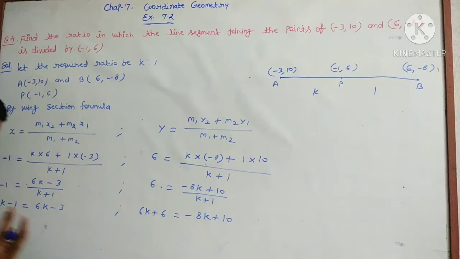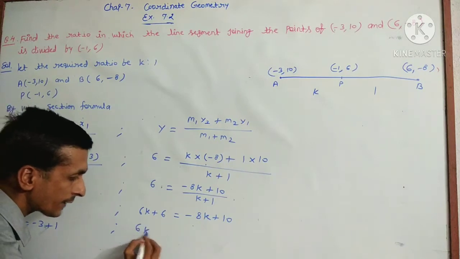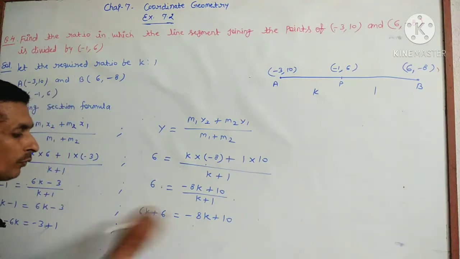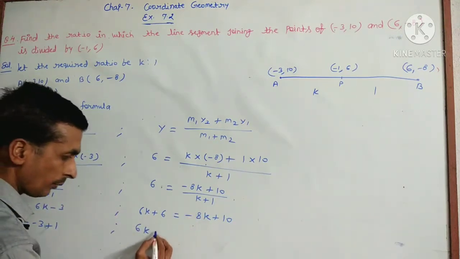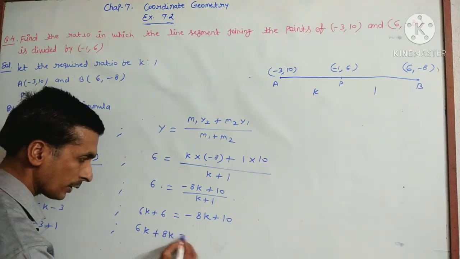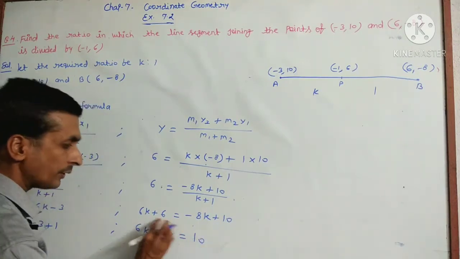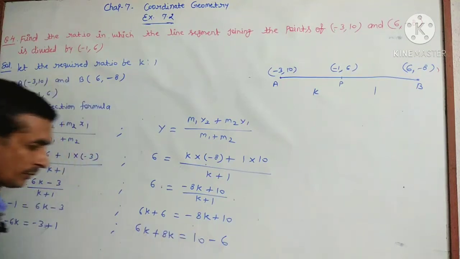So this is your complete one, and now you can write 6k to the left hand side, so -k - 6k equal to -3 + 1. The next step, 6k as it is and 8k you can move to the left hand side, so that will be positive, 8k, equal to 10 and this value -6.